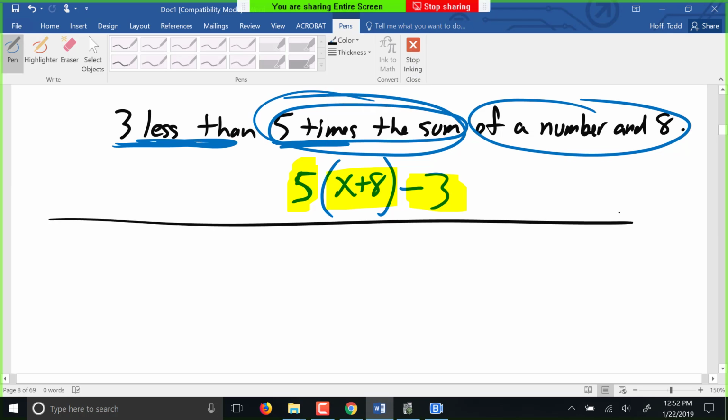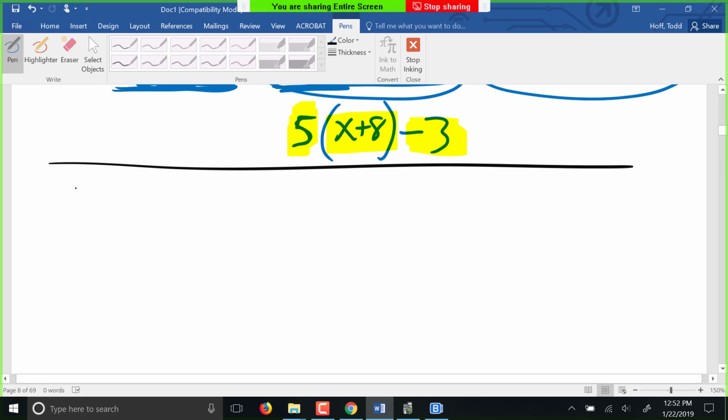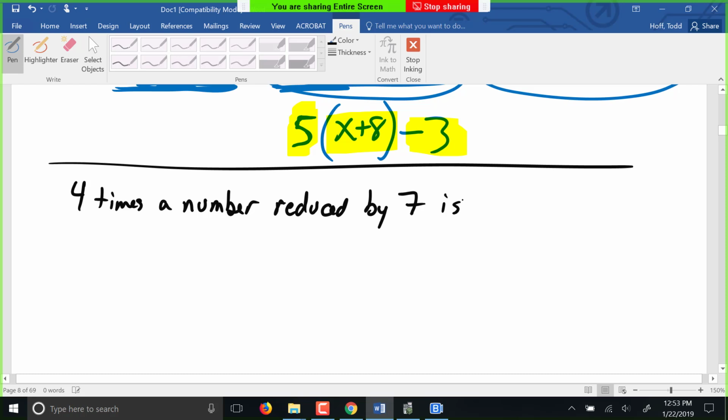So let's add in the next step. Four times the number reduced by 7 is 29.